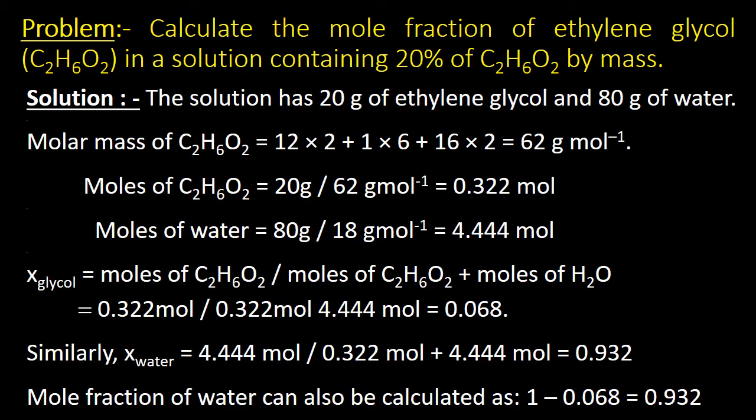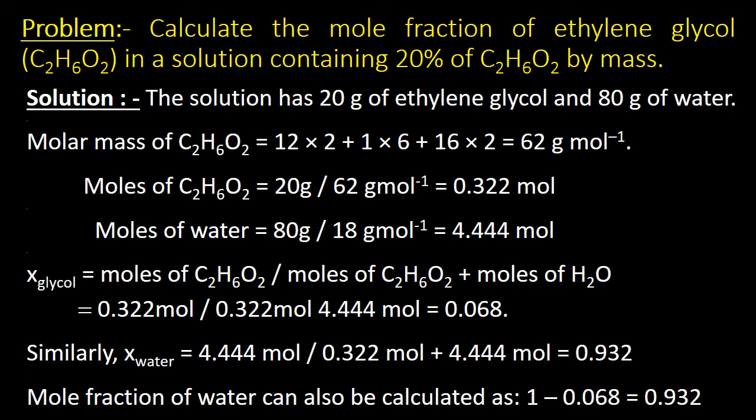The mole fraction of water can also be calculated as 1 minus 0.068, which is equal to 0.932, because the sum of mole fractions of all the components present in a solution is equal to 1.